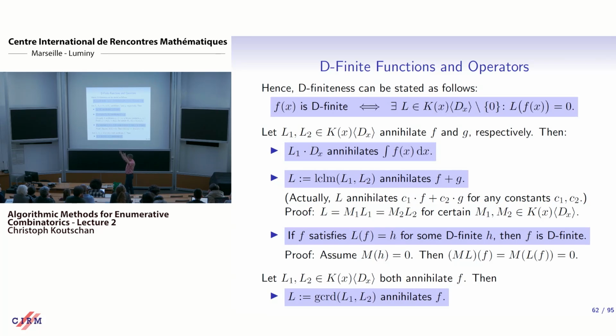So this is the principle of this guessing, where I find a higher order recurrence, and hopefully more than one, and then I take the GCRD of these two recurrences, and then with a very high probability I get the lowest order, or at least a lower order recurrence for the sequence.